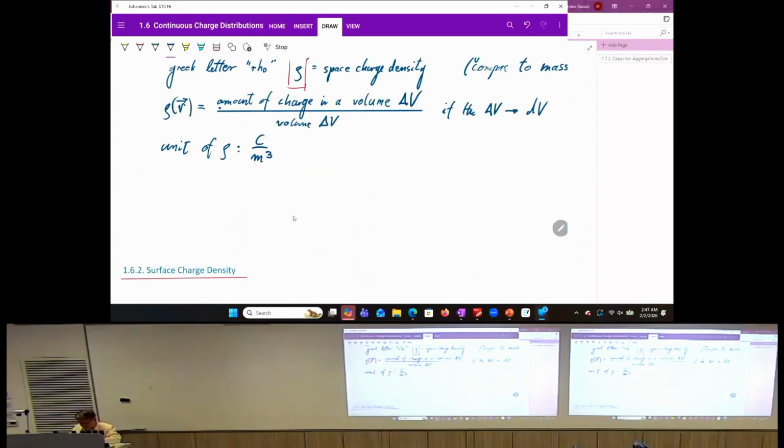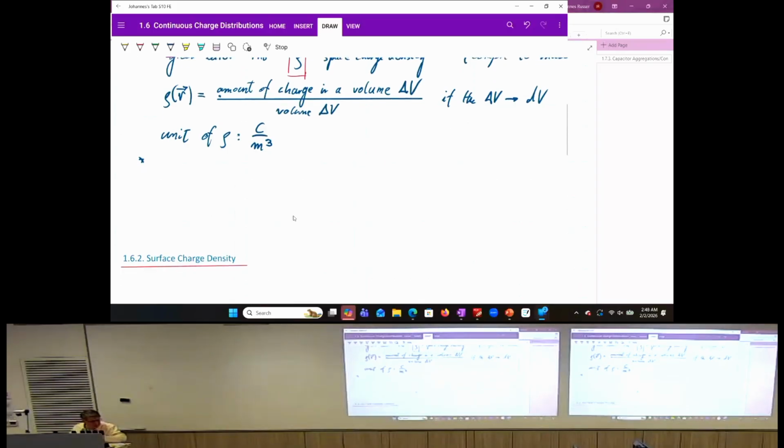How do you obtain then the total charge in a volume? Well, if you have a constant charge density, then you just multiply it with the volume.